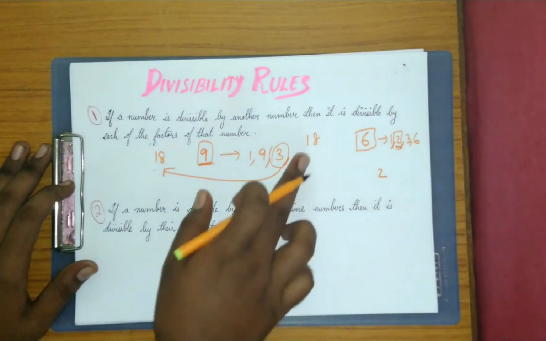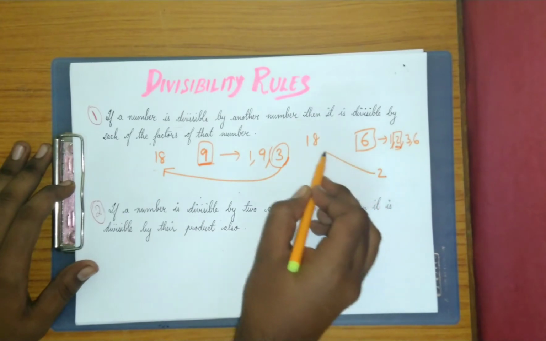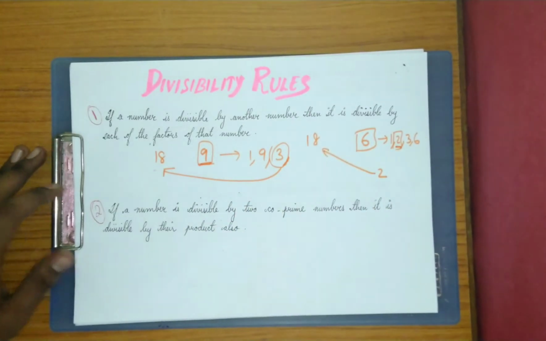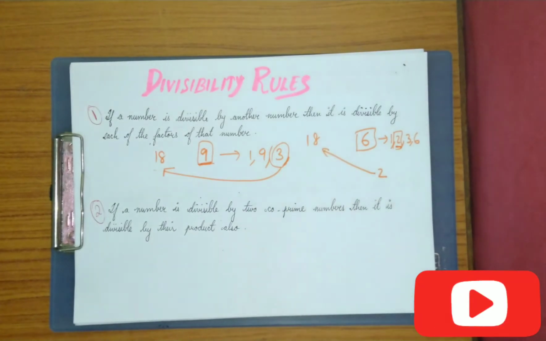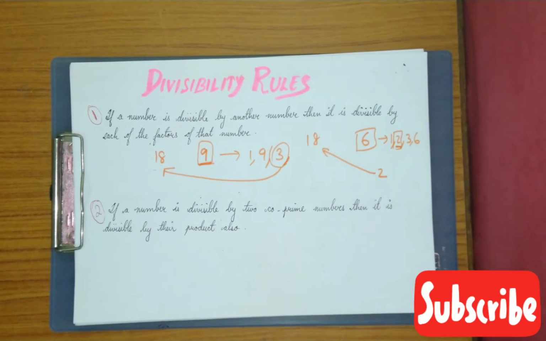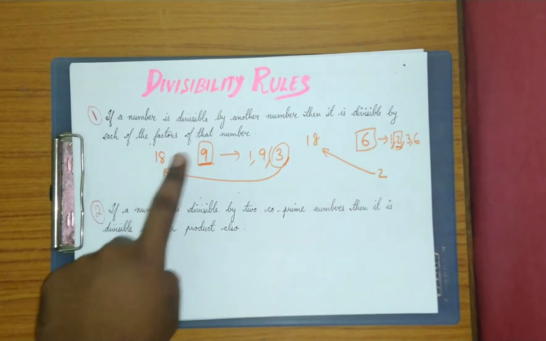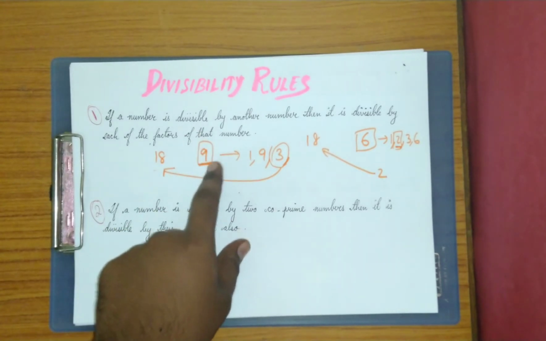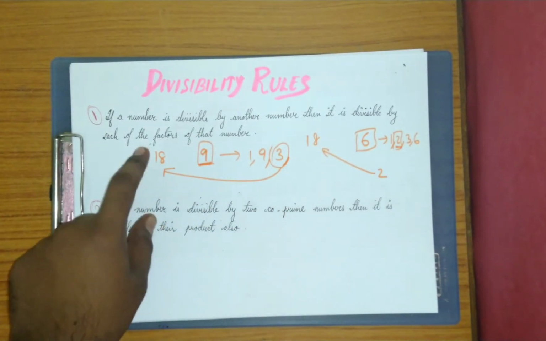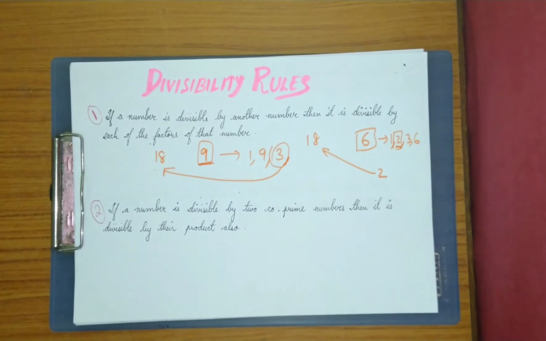You have to check whether 18 is divisible by 2 or not. You can say 18 is a multiple of 2. So you can observe that if a number is divisible by another number, then it is completely divisible by the factors of that number. This is the first rule.